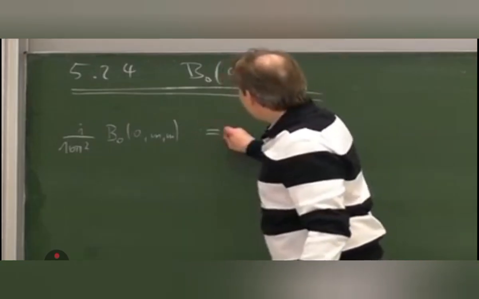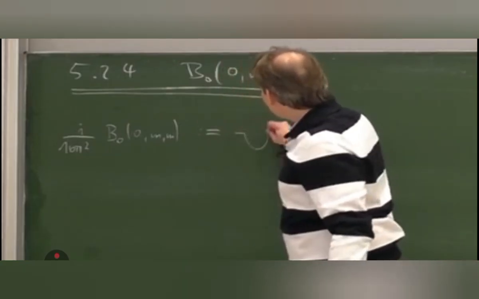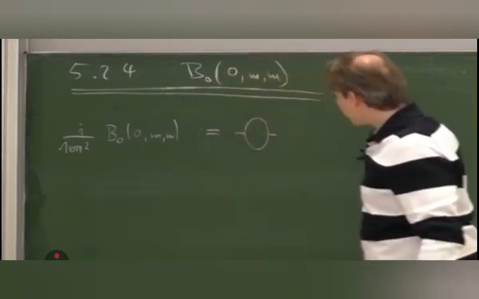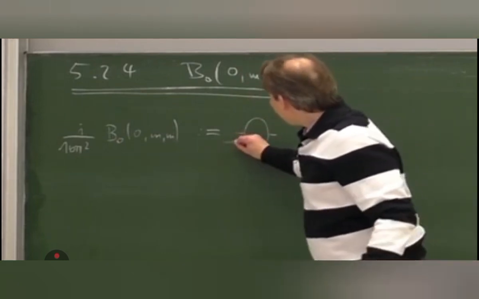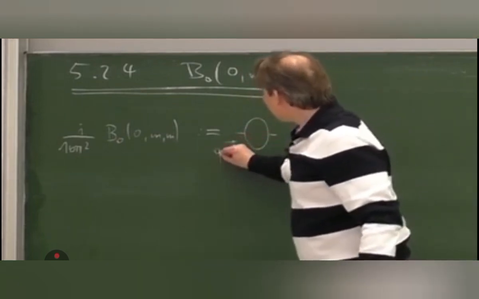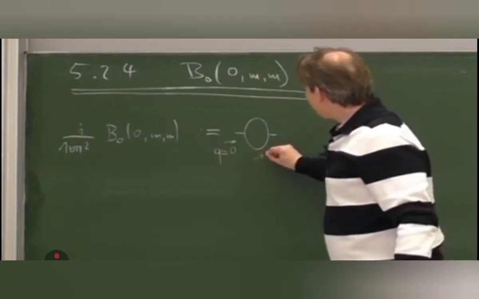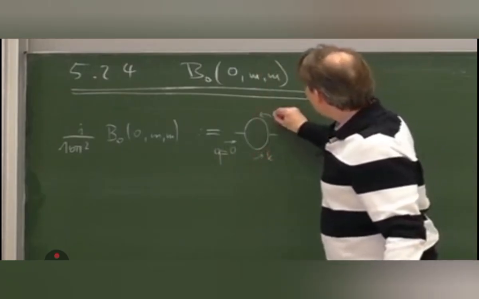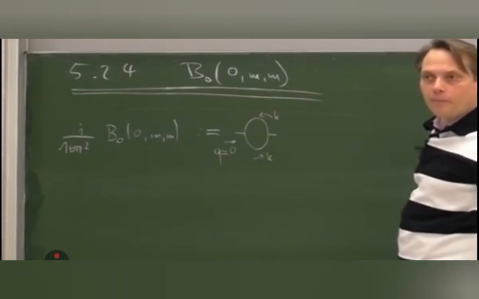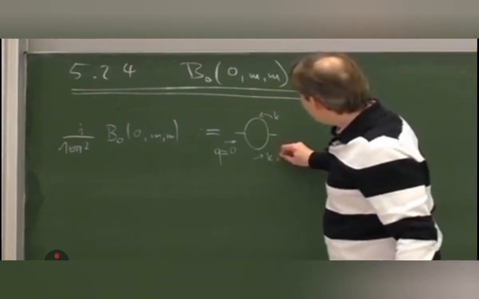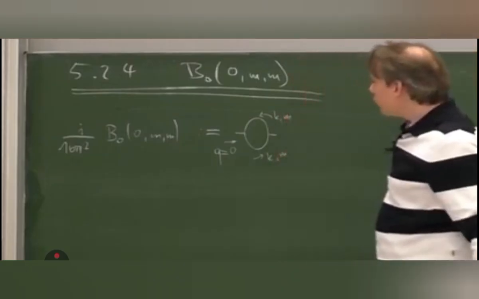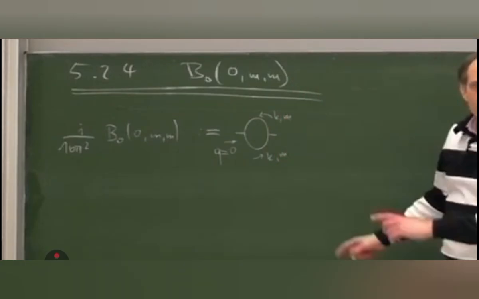And it corresponds basically to this Feynman diagram, where we have here no incoming momentum, so the incoming momentum Q is 0. Therefore, in both propagators, we simply have loop momentum k, and we assume that both propagators have the same mass m. And therefore, you can understand what the arguments mean.